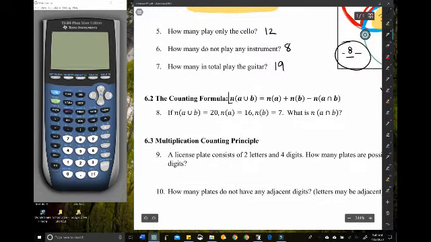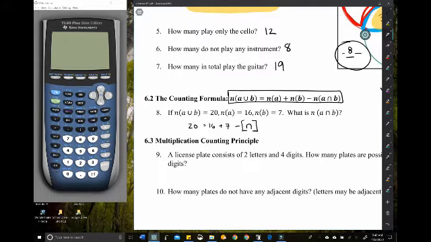Basically, and I'll give you the formula as well, or you should have it in your notes, really, which you can use. Union is equal to the individual parts minus the intersection. So here I have the union is 20. I know that's equal to 16 plus 7 minus some intersection. Well, 16 plus 7 is 23. So 20 is equal to 23 minus something.